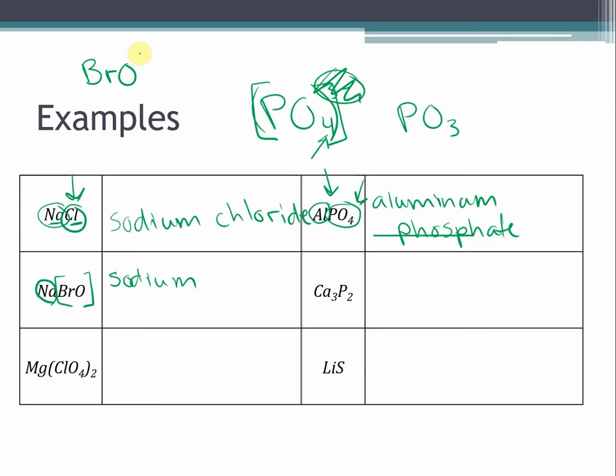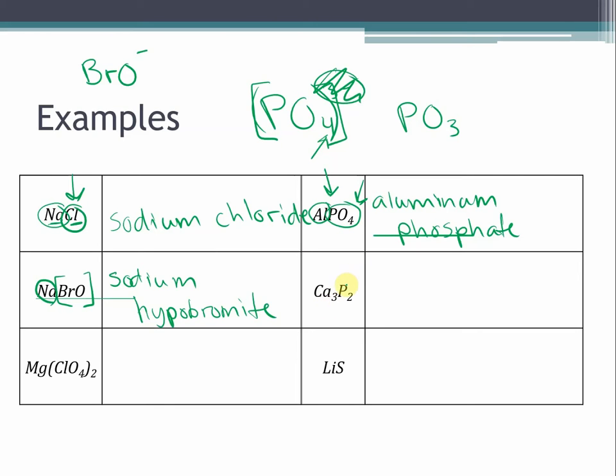Maybe you would recognize it better with a 1- charge. This is hypobromite. So Na is sodium, BrO is hypobromite. So NaBrO is sodium hypobromite. Moving on to our next one.